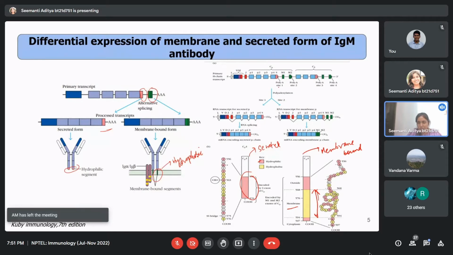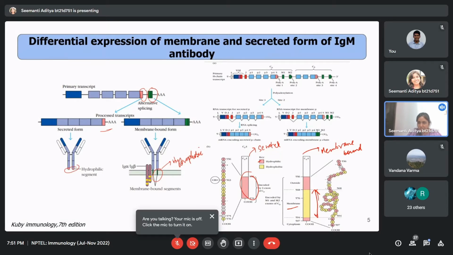Also, apart from that, after transcription, polyadenylation is very important. Polyadenylation sites are present in this S region, just after the S region. After polyadenylation, your mRNA is ready to be translated. mRNA processing is another topic where you need to add the 5' cap as well as the 3' tail, along with the exon intron splicing mechanism.